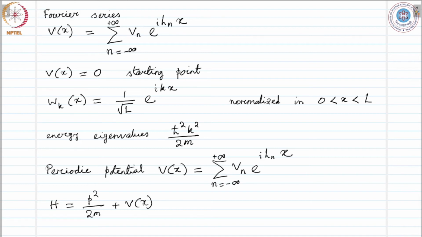then what do we get? H applied on W_k(x) belongs to, let's say, a subspace S_k. What kind of subspace is that? This subspace is a subspace of plane waves. They have wave numbers k plus h_n.